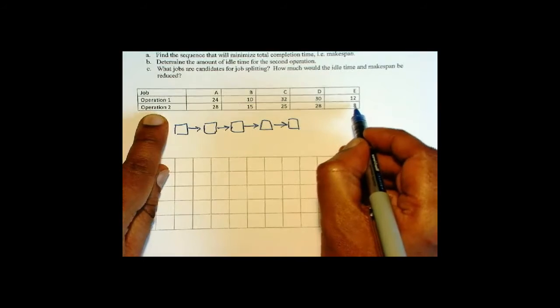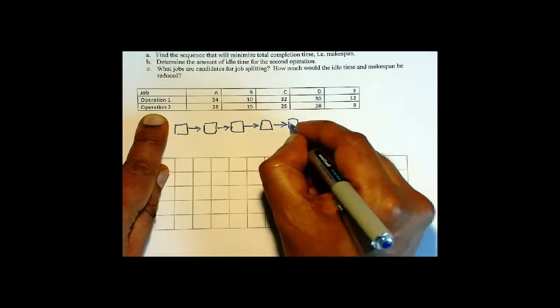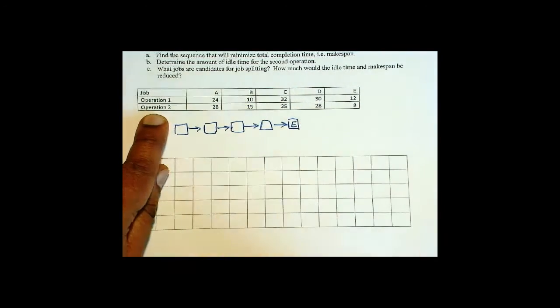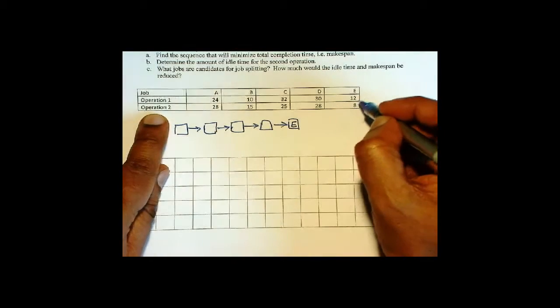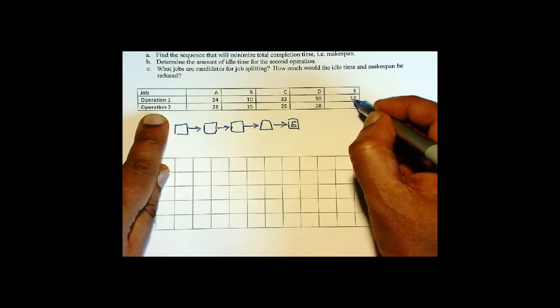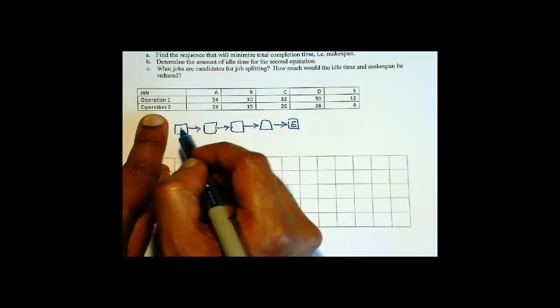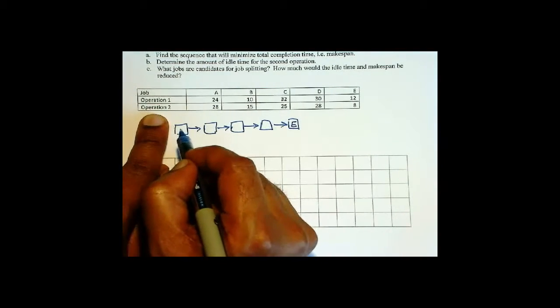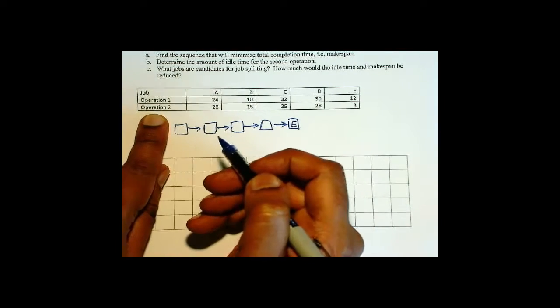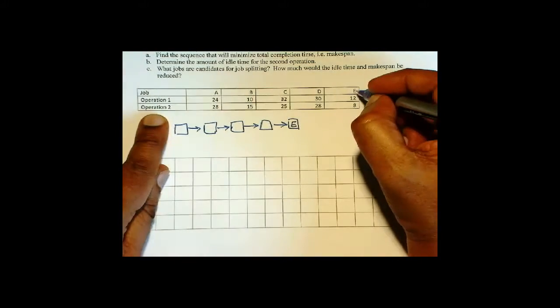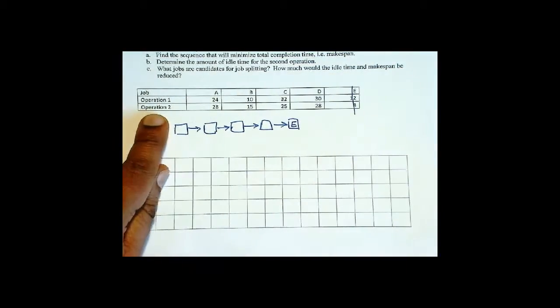So here this 8 happens to be for the second operation, so you will schedule E there. Suppose this had been reversed, if 8 was for the first operation and 12 was for the second operation, then E would have gone to the first slot. Okay, so now E is done, so we'll cross that one out.